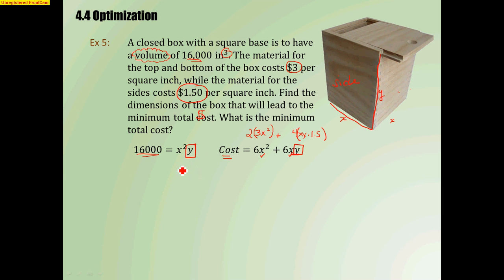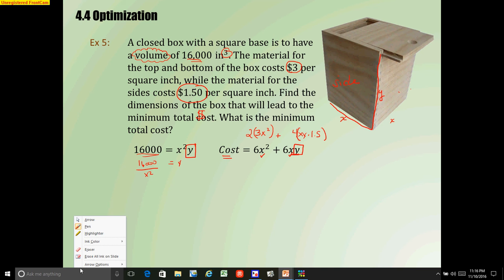So, y is equal to, right? Now take what y is equal to in terms of x and put that here. And then you have an equation that is just cost, for cost in terms of just one variable.